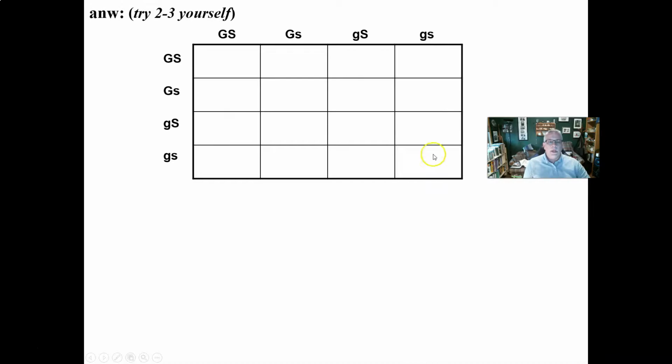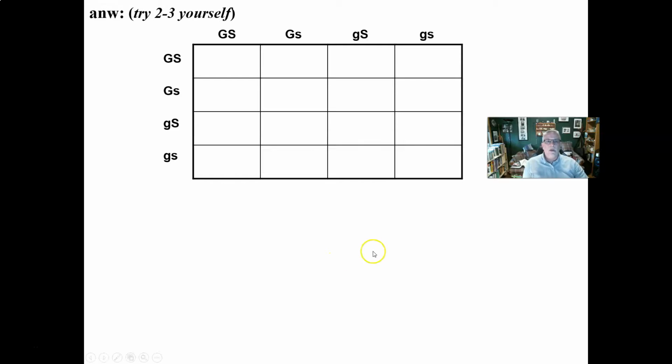So what you're going to do is you're just going to triangulate it. All right. So for example, you're going to take this one and combine it and put the answer right here in this box. Now remember, keep the traits separate. So the G is on one side, the S is on the other side. So go ahead and pause and try a few.